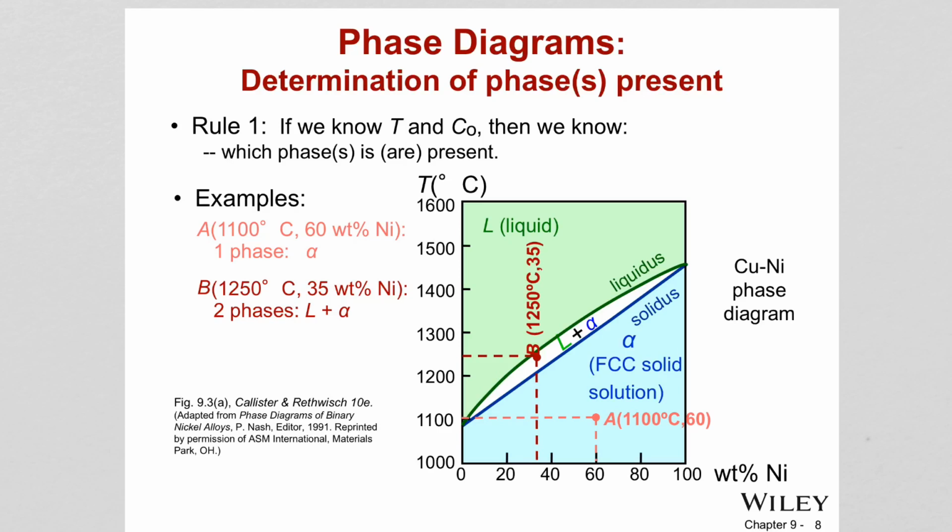The line that is separating the solid solution alpha from the liquid and alpha phase region is called the solidus line. And the line that separates the liquid and alpha mixture from the liquid phase is called the liquidus line.